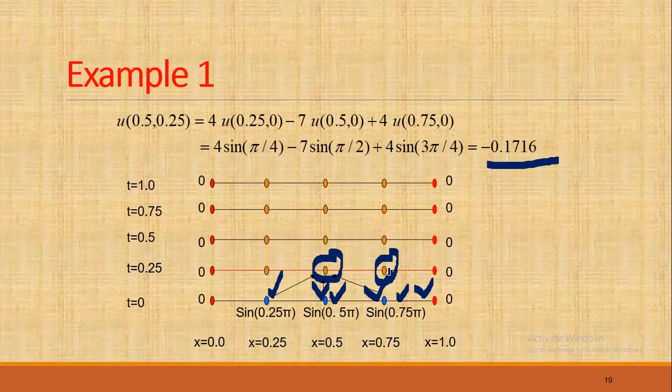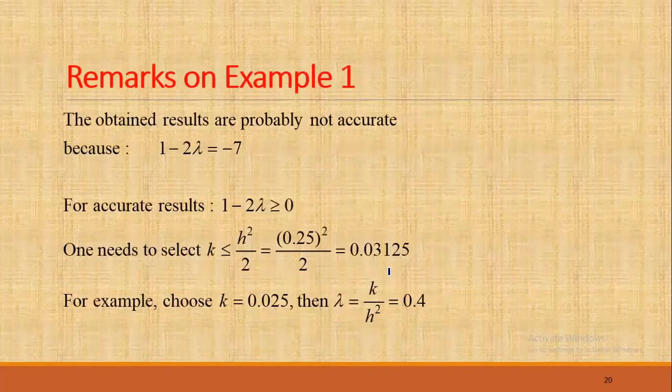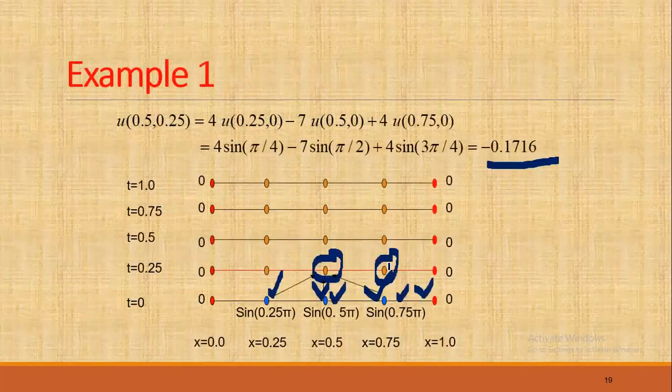Okay. So why is our result not accurate? Because we get the answer of minus 0.1716 for the temperature value.